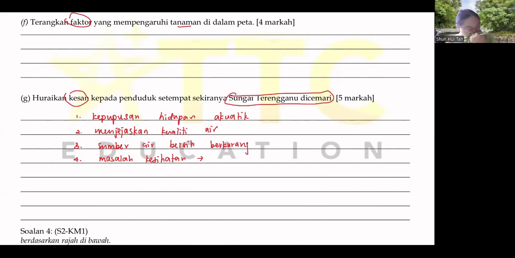Remember from Form 1, you learn that you will have, yes, dicemari air, right? You will have cholera, and then with the rest, are you good? Other than that, you will have what?